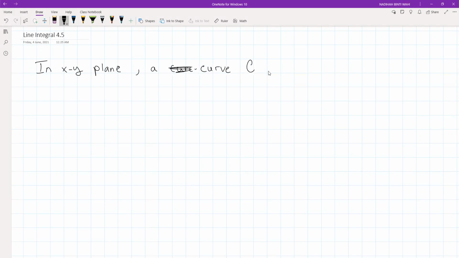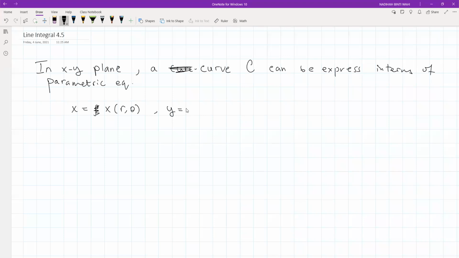Curve C can be expressed in terms of a parametric equation. Okay, last time I told you about parametric equations. For example, if I have x, then my x will be in terms of r cos theta, and then y might be in terms of r sin theta as well.